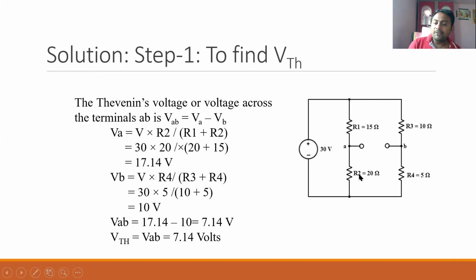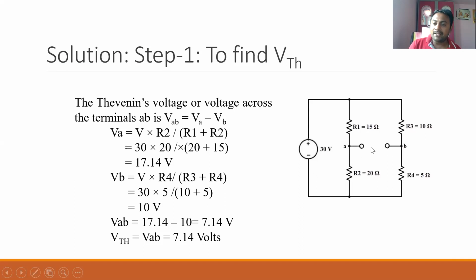If I want to find VR2, the voltage across R2, the total voltage is 30 volts times the same resistance 20 divided by 15 plus 20. In a similar fashion, 30 volts is applied across R3 and R4. The voltage at B, that is the voltage across R4, is equal to 30 times R4 divided by 5 plus 10. We achieve 10 volts.